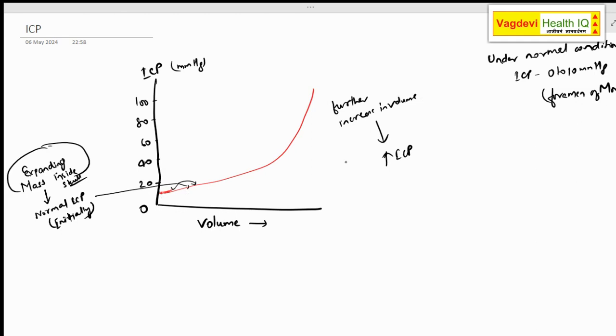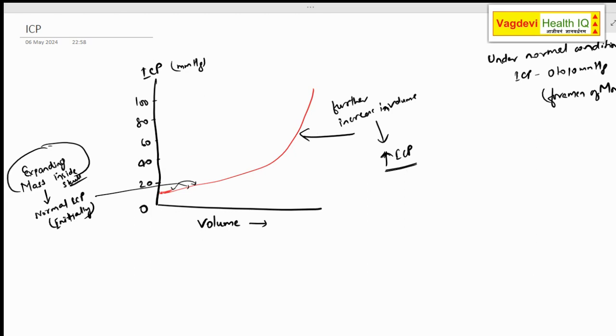The expanding mass has volume as well, right? So any further increase in volume from here on will increase the ICP value. This is how it will happen in the later stages, and this is how you should understand how it works.